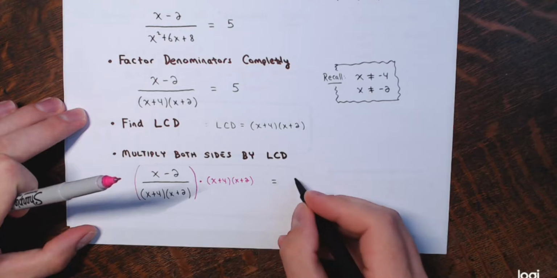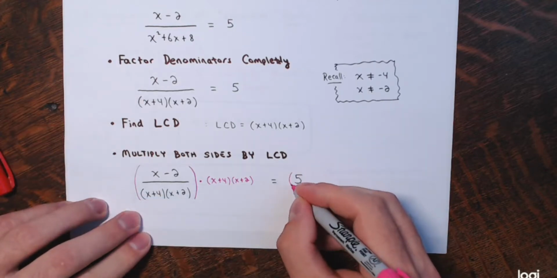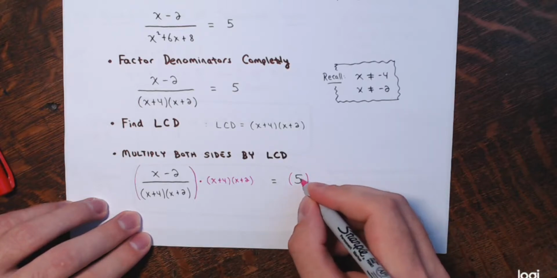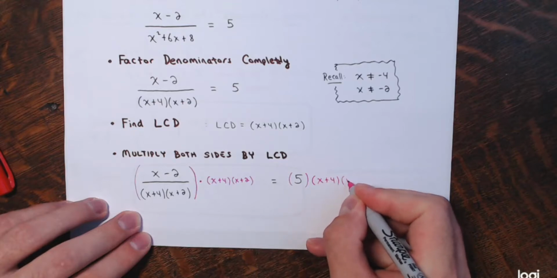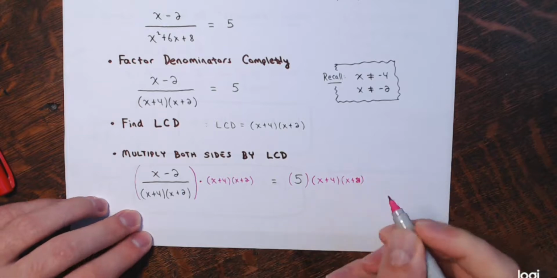We have equals 5, and it's just the number 5, I don't really need parentheses around it, but I take the whole right side and also multiply by the LCD, x plus 4 times x plus 2.